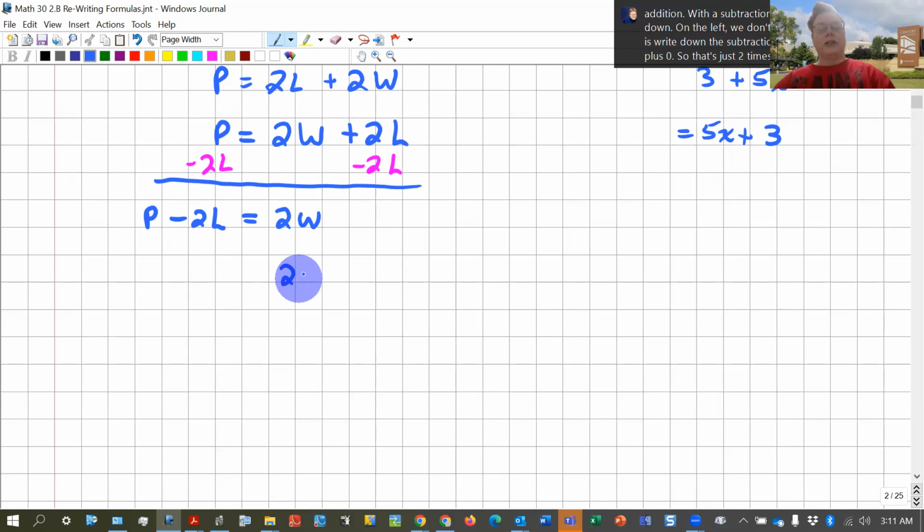And now to undo the multiplication that's happening to the W, we're going to need to divide by 2. So I need to take the entire left-hand side and divide it by 2.